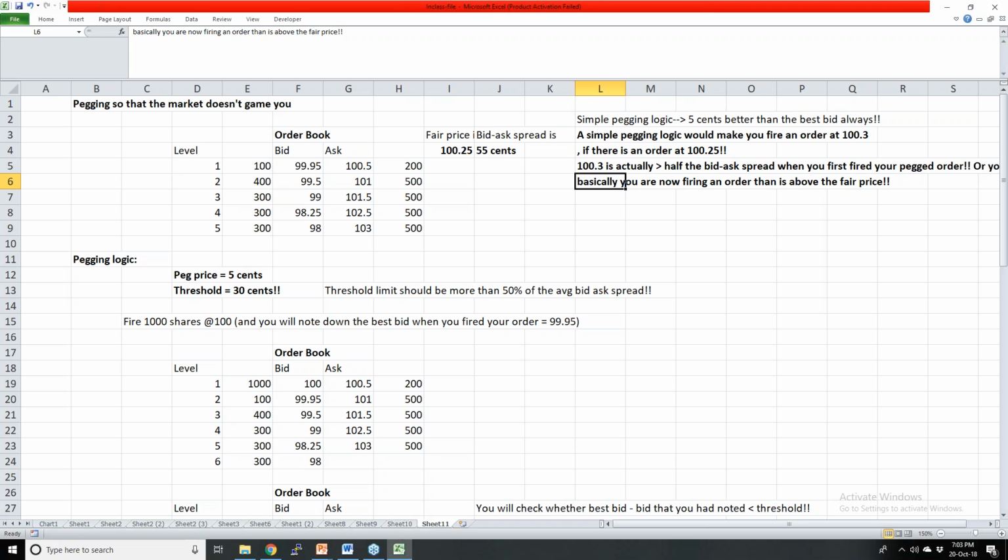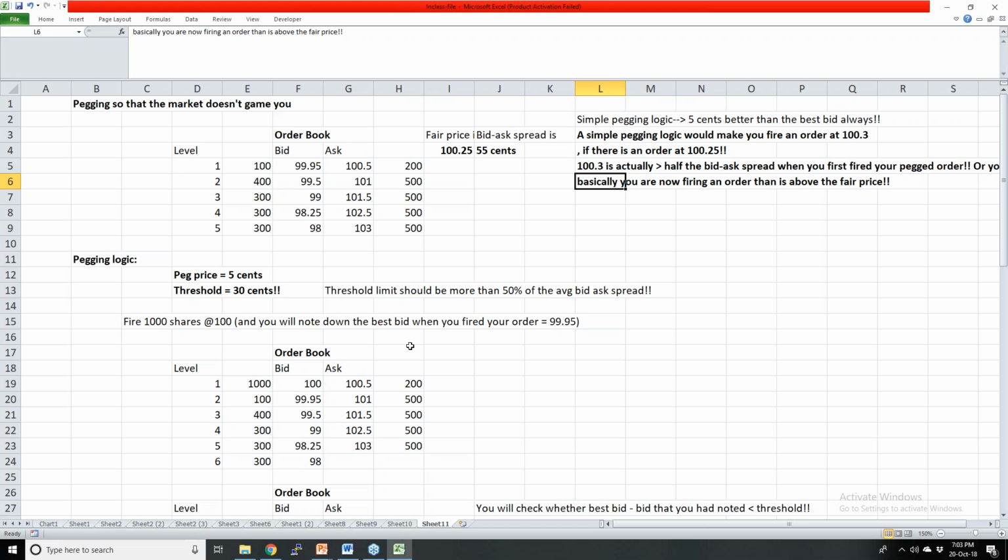What if someone puts in a bid for 1,000 for one quantity, right? So exactly, that is where you have your size checks, right? When you are pegging, just don't rely on the price, rely on the quantity too, right?